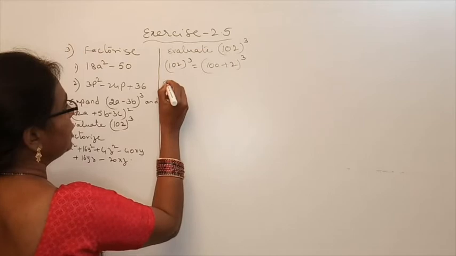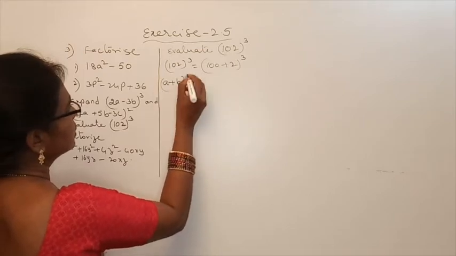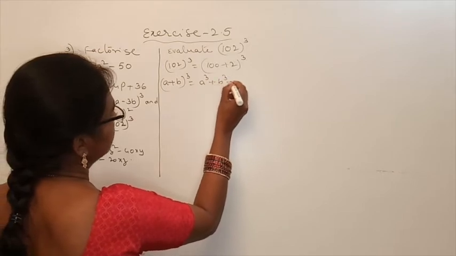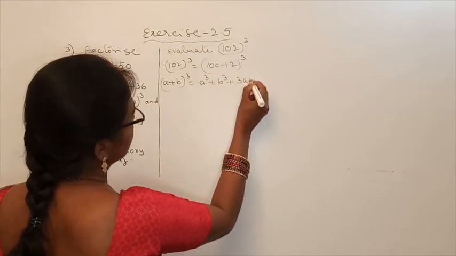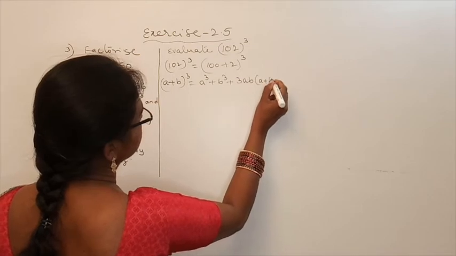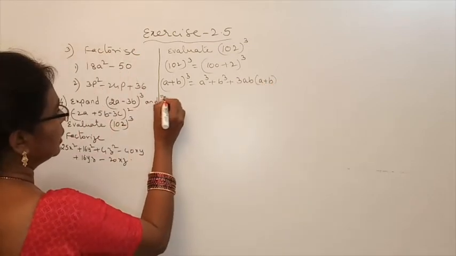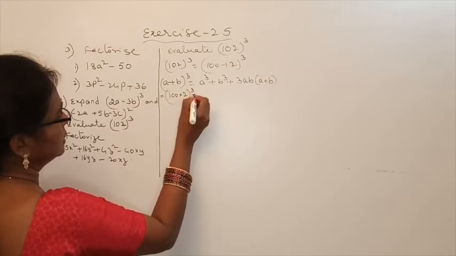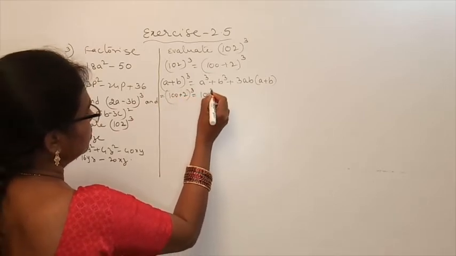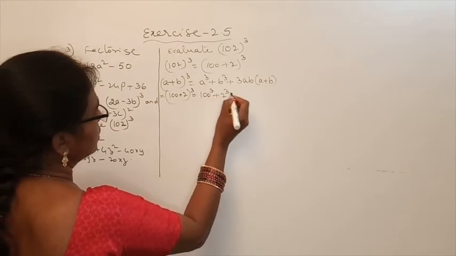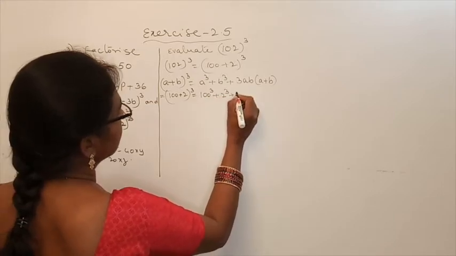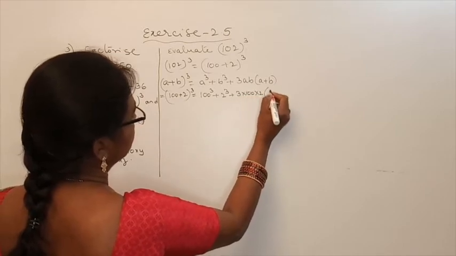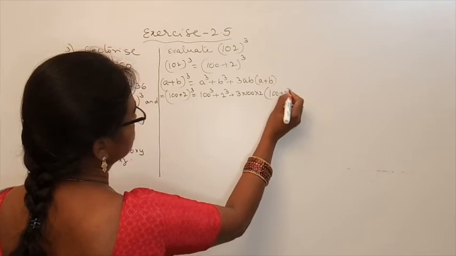Now (a plus b) whole cube is equal to a cube plus b cube plus 3ab into (a plus b). Now how to write? (100 plus 2) whole cube is equal to 100 cube plus 2 cube plus 3 into 100 into 2 into (100 plus 2).